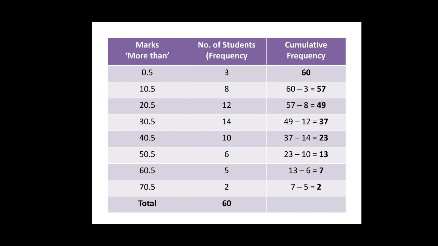Thus 57 minus 8 is equal to 49. Thus 49 is the cumulative frequency of the third class. In the same way, we can calculate the cumulative frequencies for the rest of the classes as shown in the third column of this table. Students, another method to calculate the cumulative frequencies from frequencies in case of the more than method is to cumulate or add up the frequencies from below.